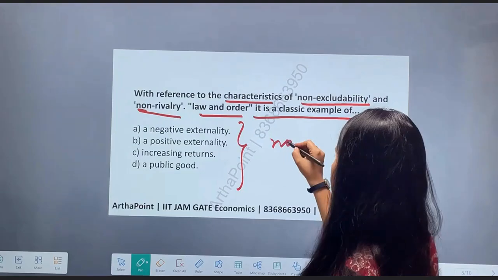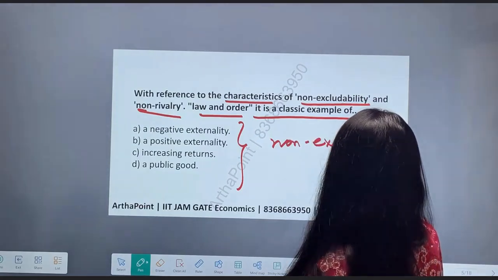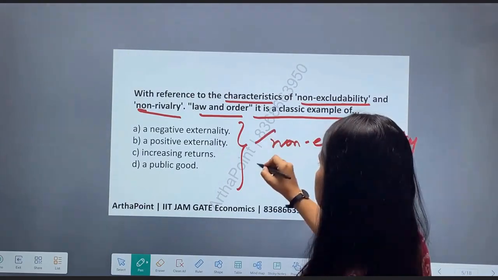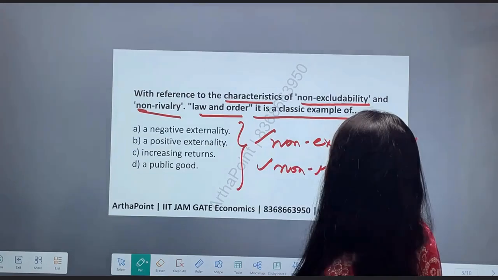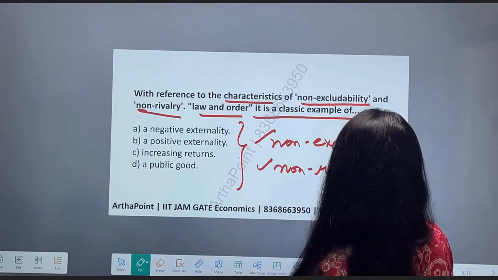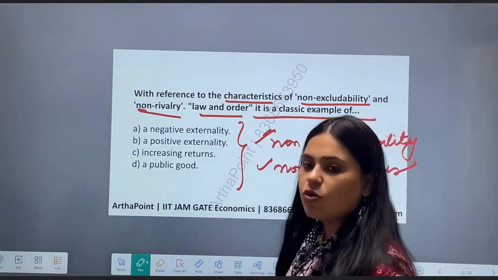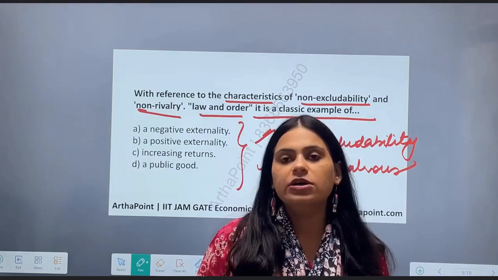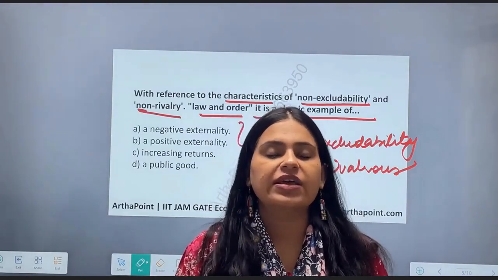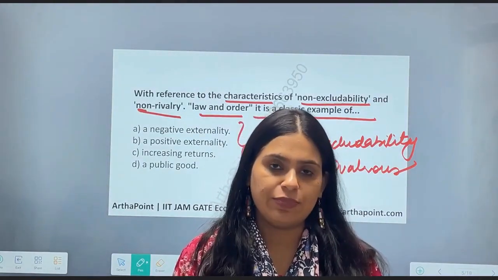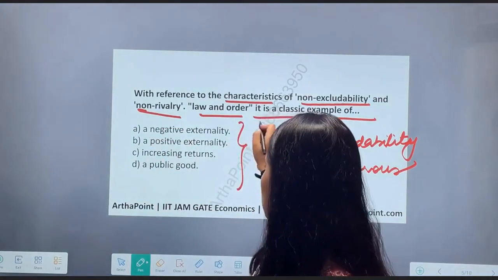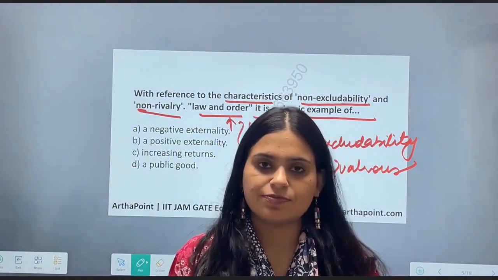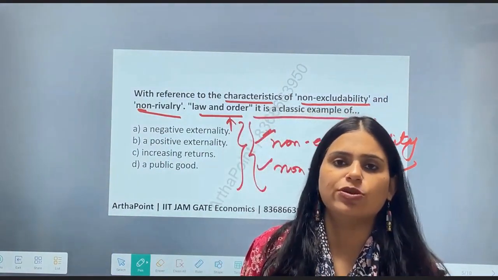The first property is non-excludability and the second property is non-rivalrous. So which, according to you, which kind of goods out of the four is actually an example which follows these two things, and law and order is also an example of that? Try to answer this in the chat window.